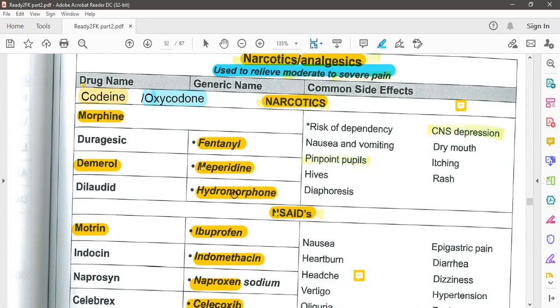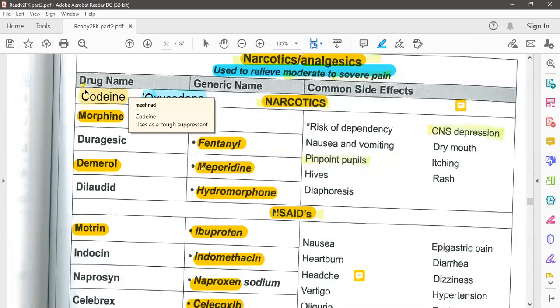We cannot interchange morphine and hydromorphone, because hydromorphone is many times stronger than morphine. Very important. Here is one important point: if your patient has pancreatitis, it is good not to give them morphine for pain medication.